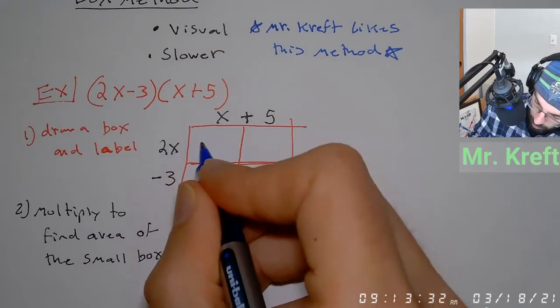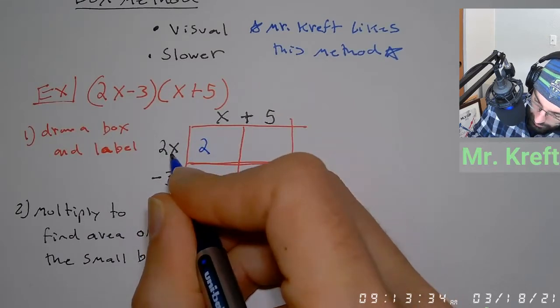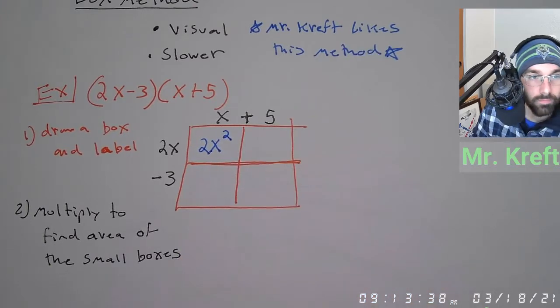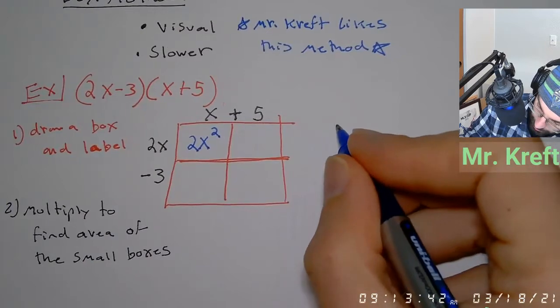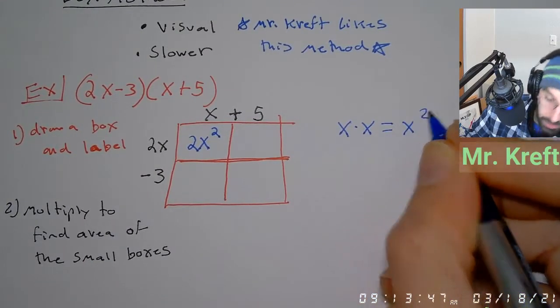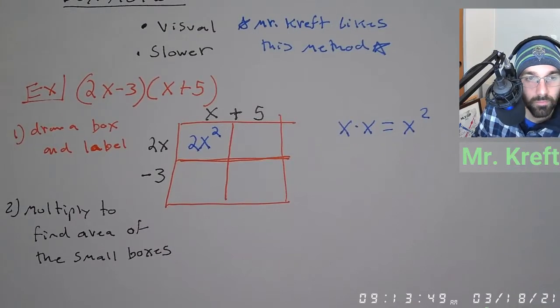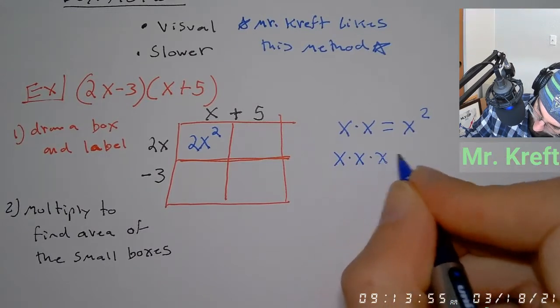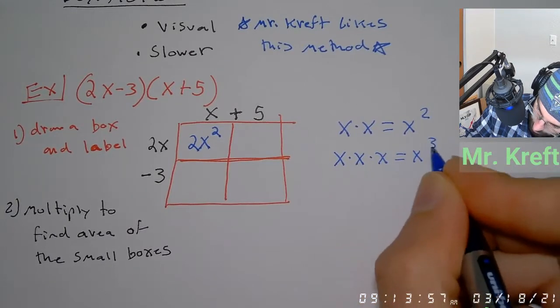So 2 times 1 is 2, and x times x is x squared. Just remember, x times x equals x squared, just like x times x times x would equal x cubed.